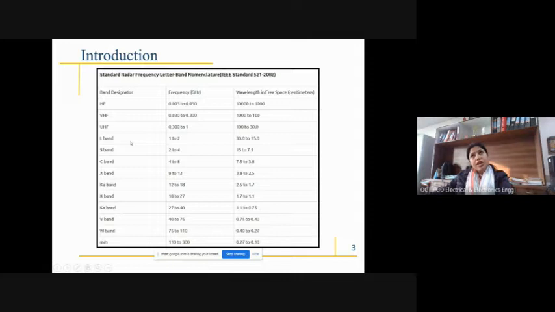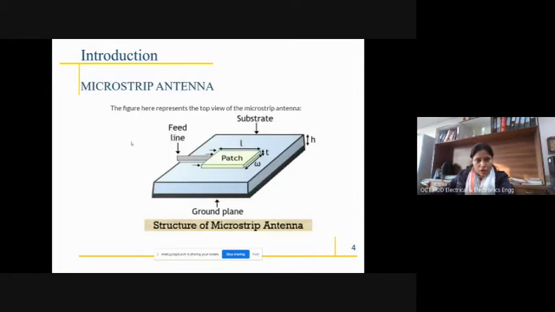As I am saying, it is the integration of microstrip antenna and microstrip filters. Before moving ahead, you must also know about the microstrip patch. What is a microstrip patch? It is a substrate of 3 layers. The lower one is the ground plane, the middle one is the dielectric material, and the upper one is the conducting plane.